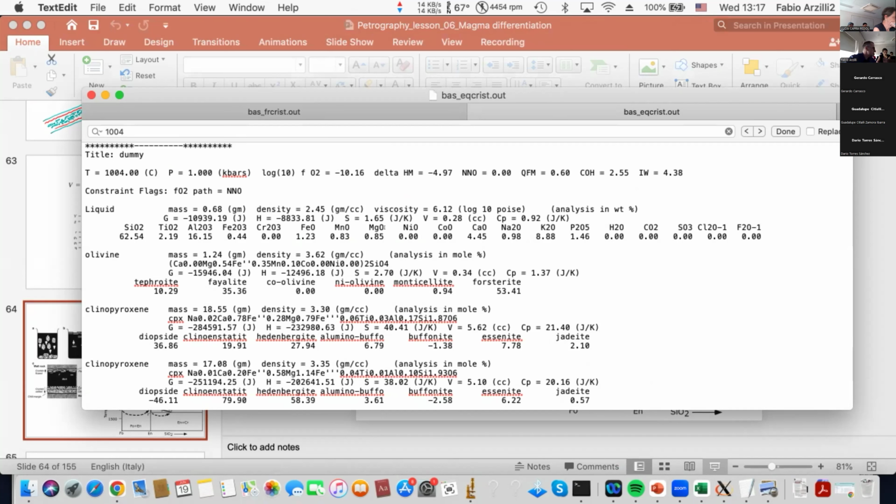MELTS calculates the minimization of the Gibbs free energy, as we discussed today, more or less. So in the equations, you have G, you have H, you have S, and it's calculated like this.